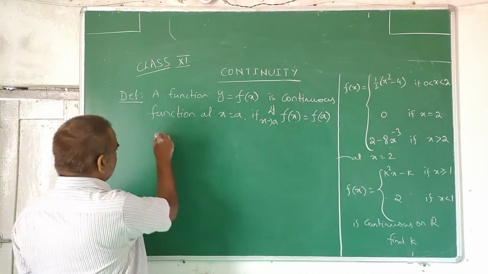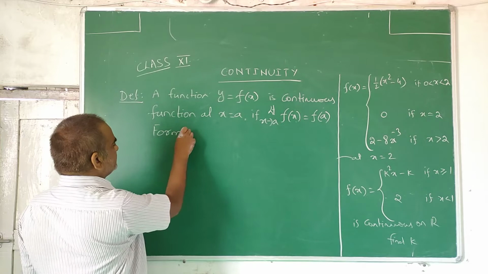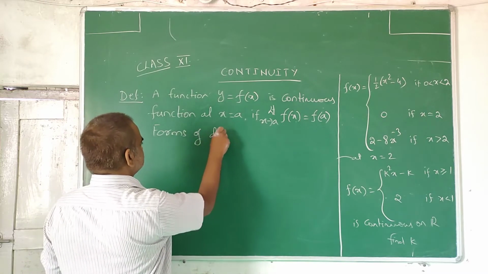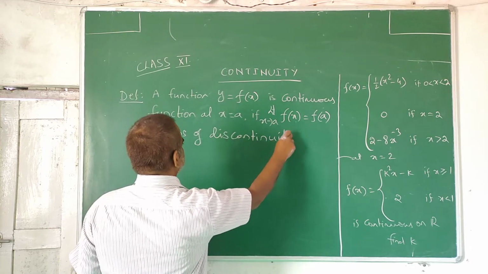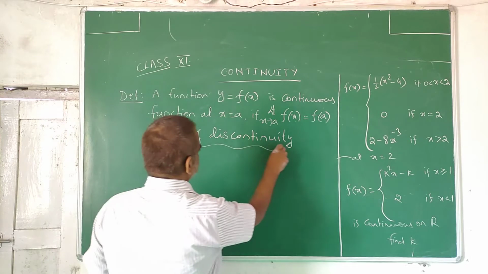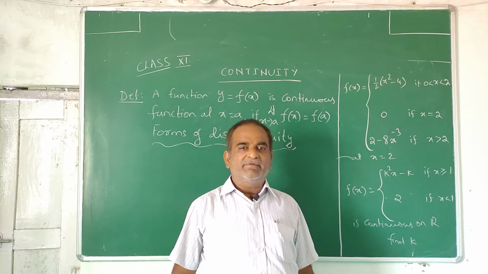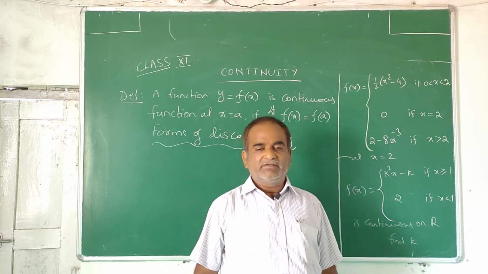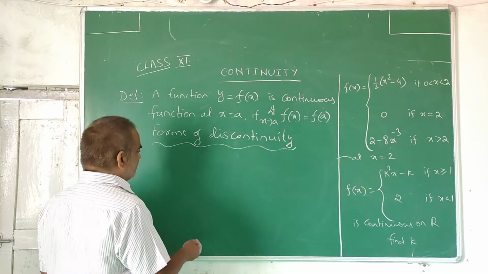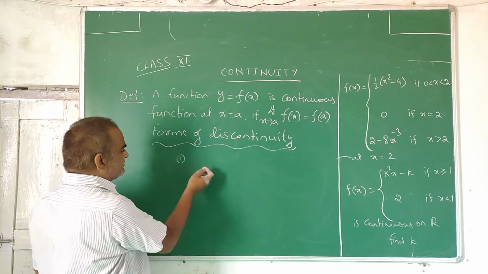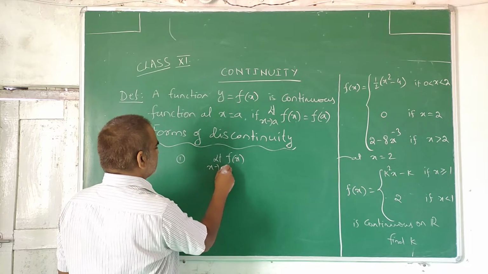Now it is most important for a student to learn about forms of discontinuity. Under what circumstances the function will become discontinuous, that we are going to discuss. Forms of discontinuity. Number one: suppose the limit of f of x as x tends to a does not exist.